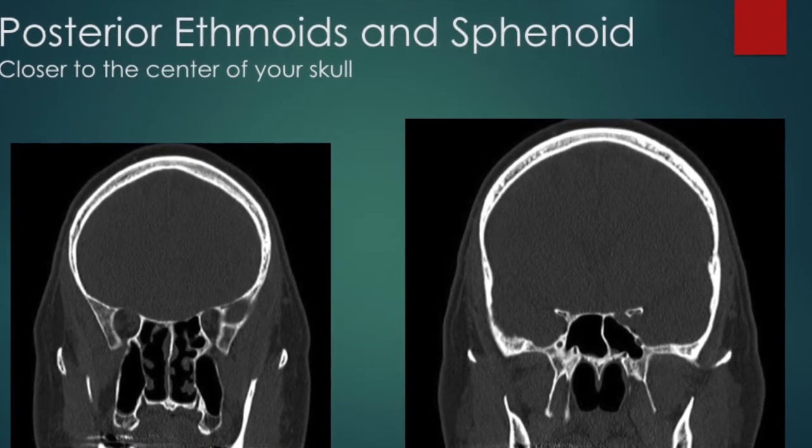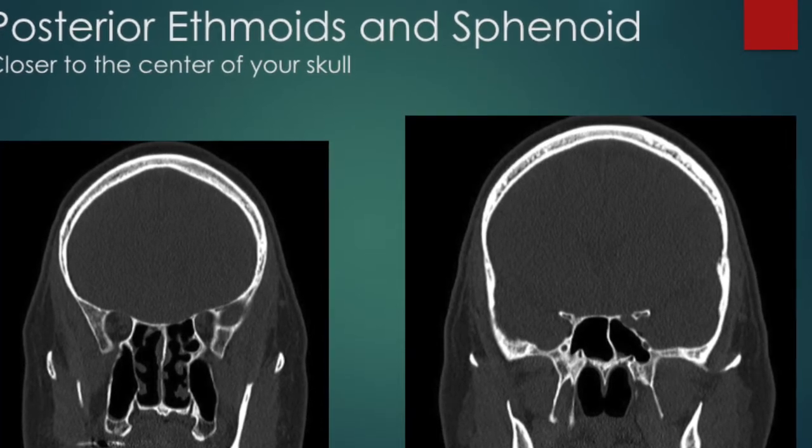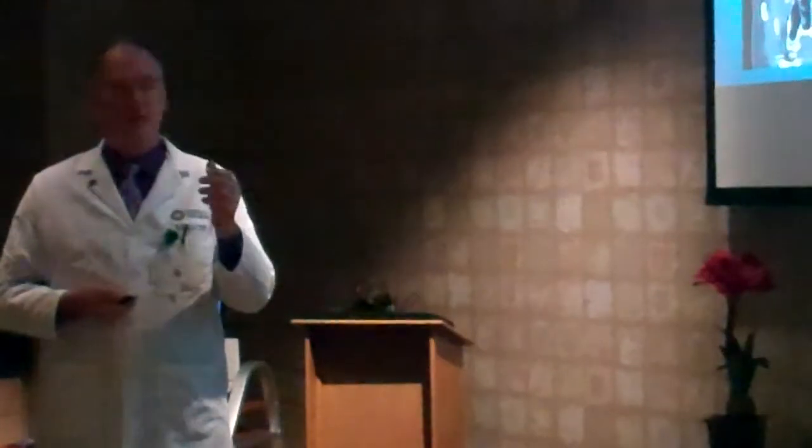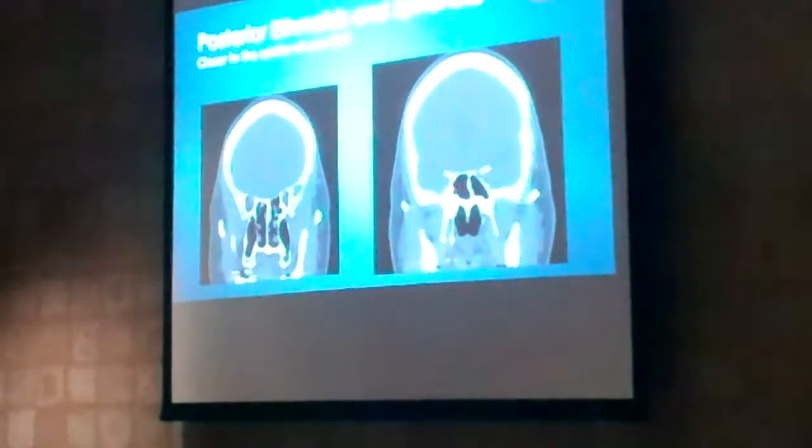We noted in front, if we're trying to remove sinus disease from the area up front, we have the brain that we can accidentally get into, or the eye. And back here, of course, the brain surrounds this. Right in this groove here is the carotid artery. It comes up, a major artery in the neck, comes up into the skull base, and then it has a curved path, and it goes right next to the sphenoid sinus.